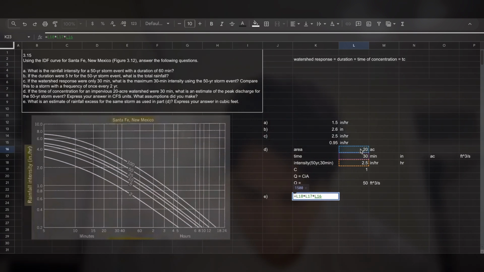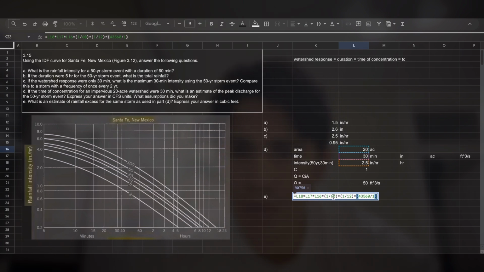And then we need to cancel out the hours and minutes. So we have to multiply by 1 over 60, and then multiply by 1 over 12 to cancel the inches, and then multiply by 43,560 over 1 to cancel the acres.